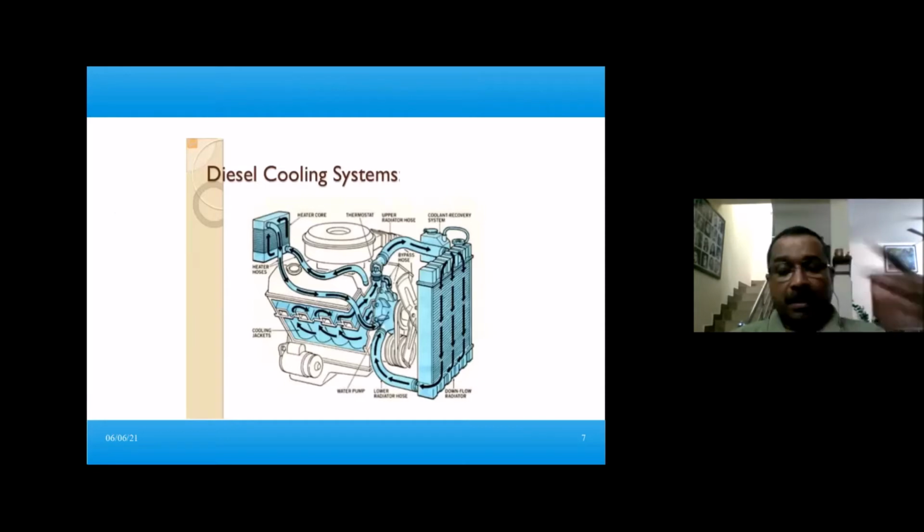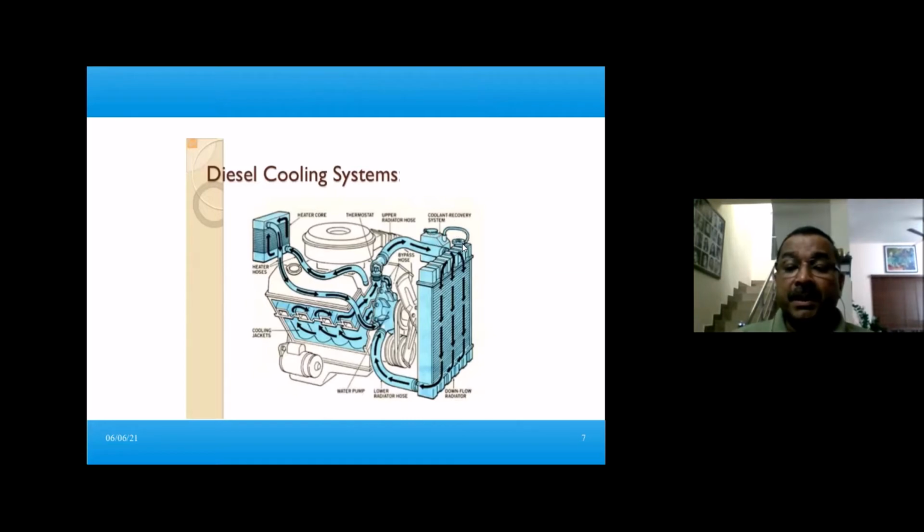So this is the cooling system you can see in your car. The colored portion consists of the diesel engine cooling system. Here is the coolant recovery system. So this is the coolant.